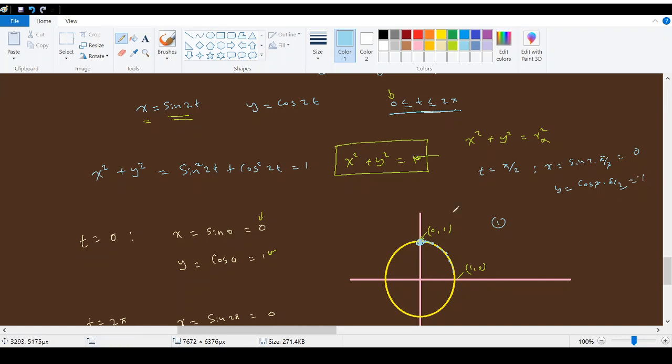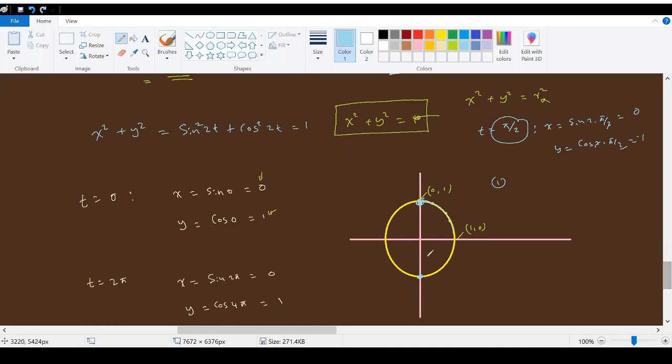So at pi by 2, it will reach this point, 0, negative 1. So it starts at t equals 0, and this is for t equals pi by 2. We should remember to mention the direction of the curve according to the increasing order of t.